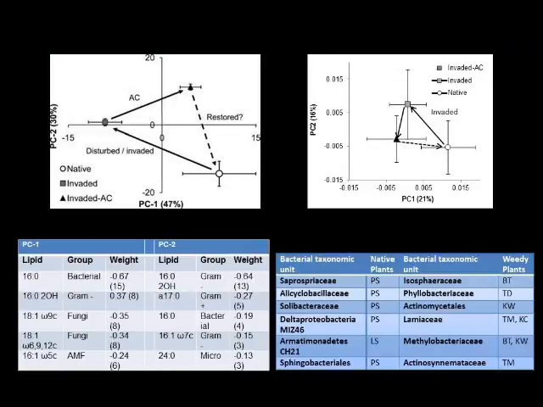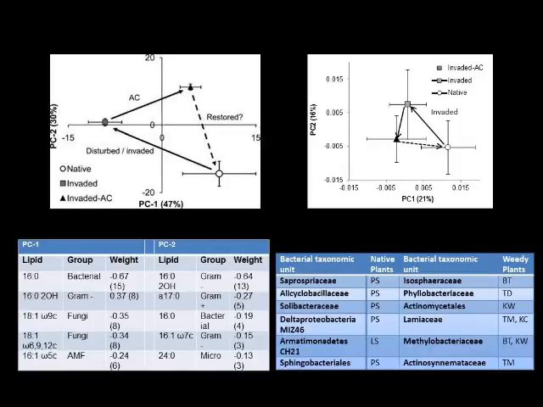We can also use this to look at exactly how activated carbon changes the microbial community composition. One interesting thing is this is using phospholipids. So here's the microbial community under native soils, associated with native plants. And then here's how weedy plants change it. They have a huge effect on the composition of the microbial community.